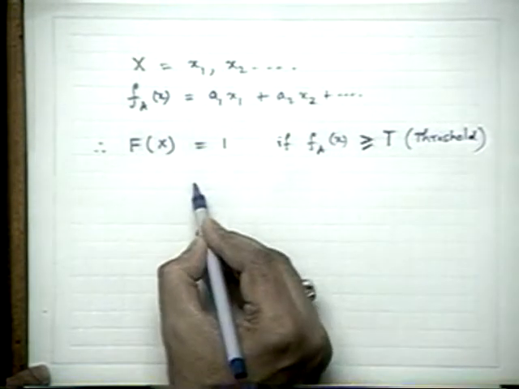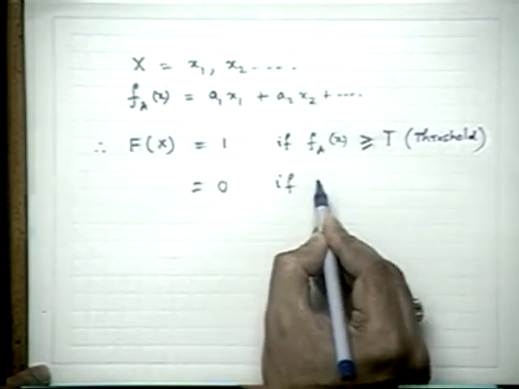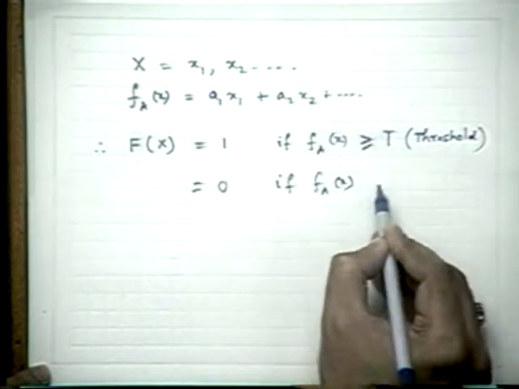And it is equal to 0 if f(x) is less than k.